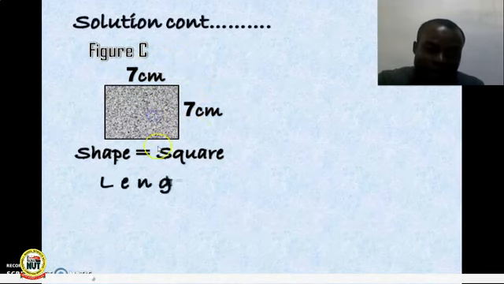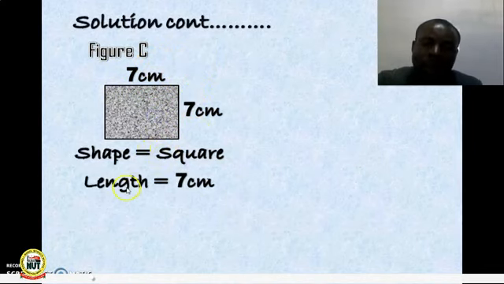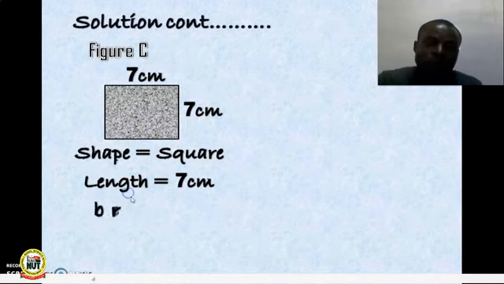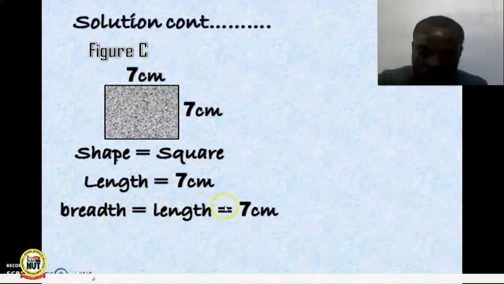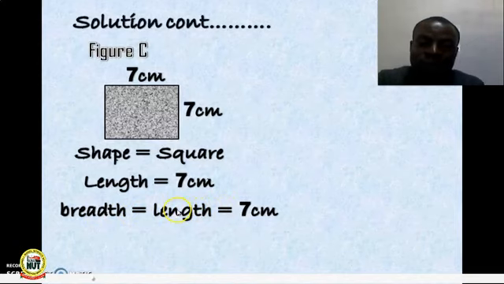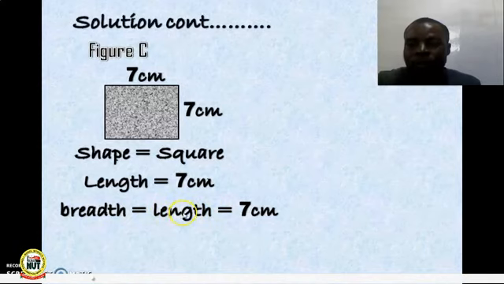And the breadth is the same as the length. So we don't have a breadth different from length. That is why I say breadth is equal to length, and it's equal to 7 centimeters also. So you are free to use length times length, or breadth times breadth, for your square.